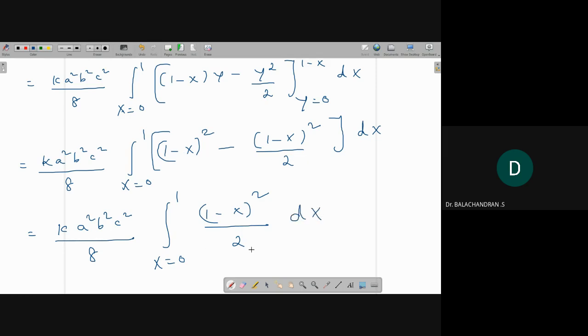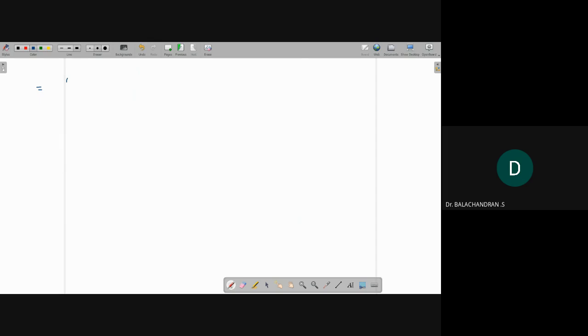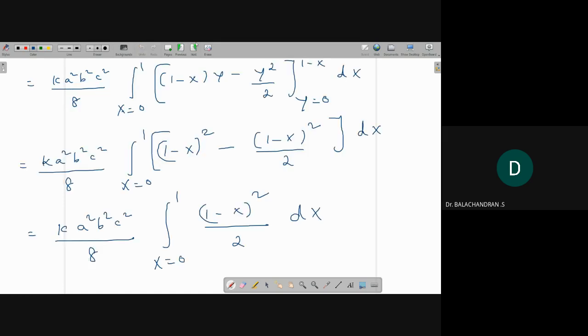Okay, I'll write the next step. K into a square, b square, c square divided by 8 into 2, 16.